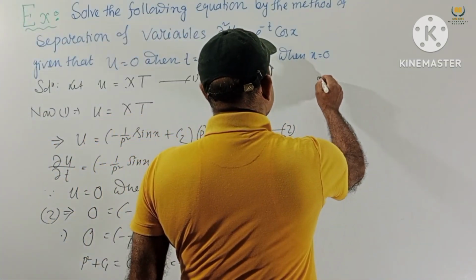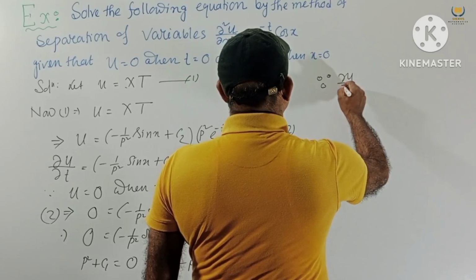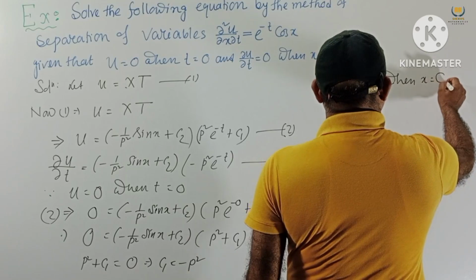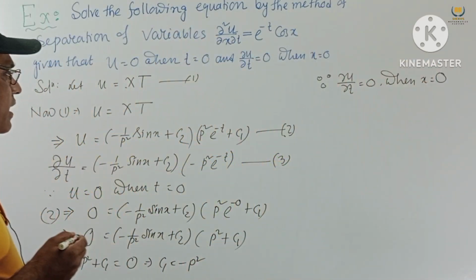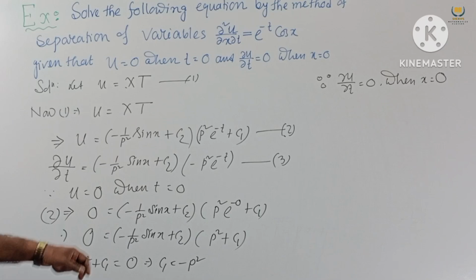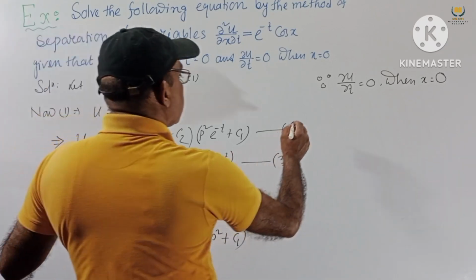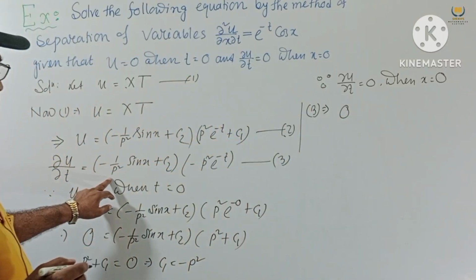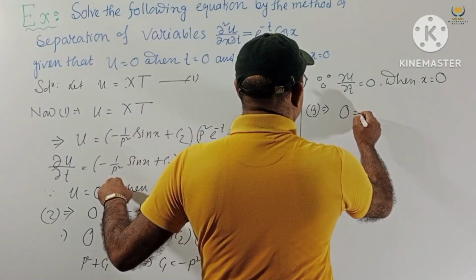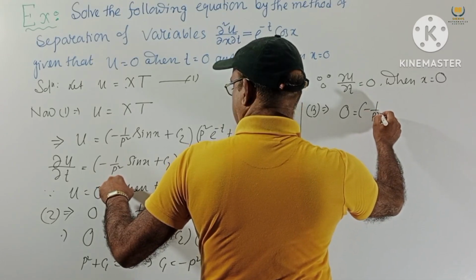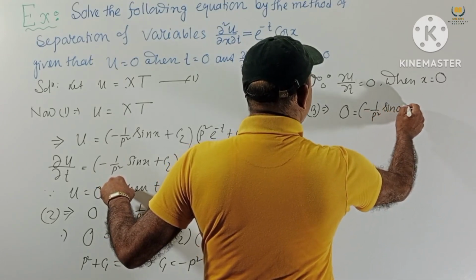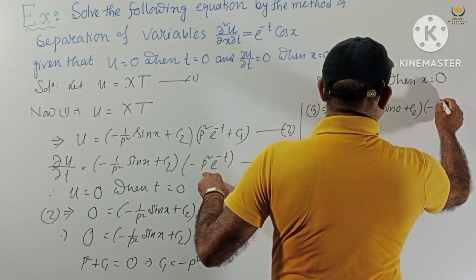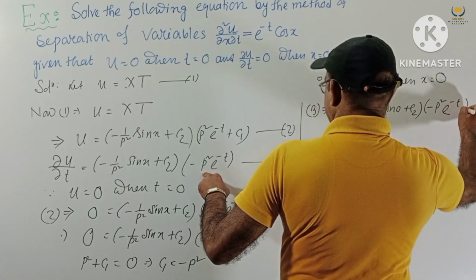When del u del t equal to 0, then x equal to 0. Now since del u del t equal to 0 when x equal to 0, 3 implies this is 0 and x also 0, minus 1 by p square sin 0 plus c2, and this is minus p square e to the power minus t.